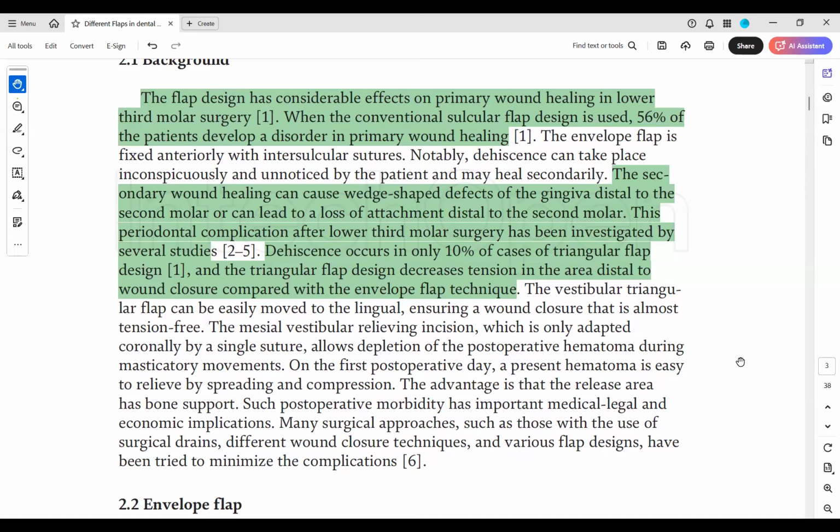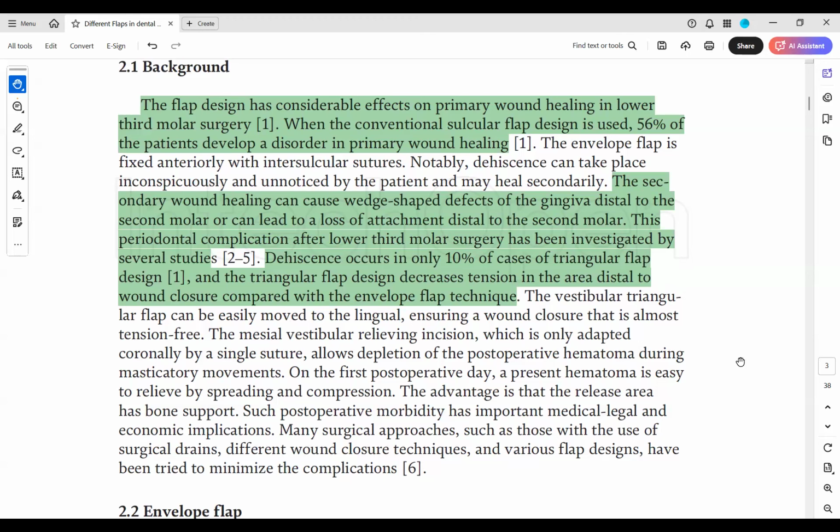With your envelope flap, it was noticed that there was some defect formation and attachment loss on the distal side of the second molar, and it would heal with secondary wound healing rather than primary wound healing. Primary wound healing is closely adapted healing and leads to minimum tissue loss, whereas secondary wound healing is where gaps are created, connective tissue comes in, and there is an open wound, which leads to wedge-shaped defects.